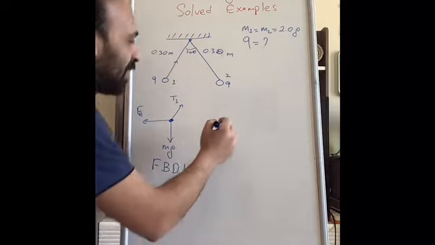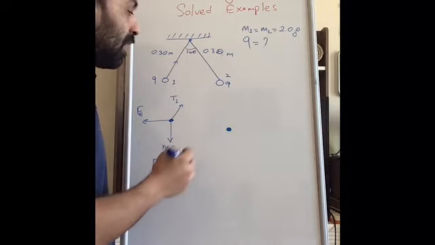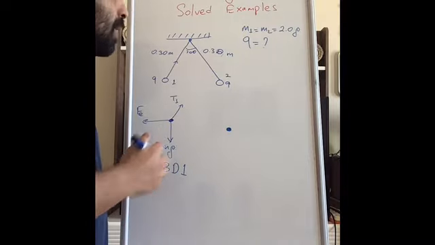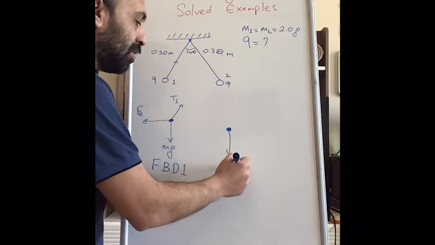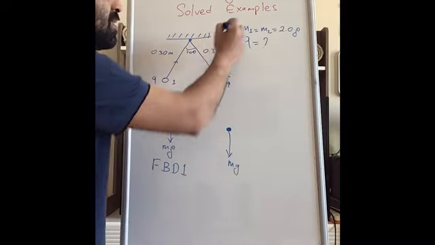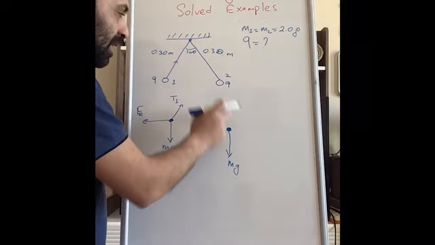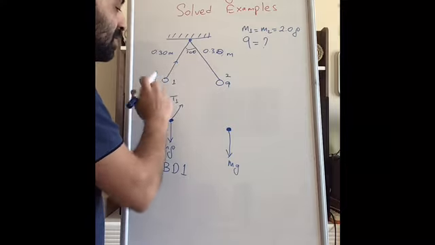And then for the second one, again, this dot represents the second sphere. Now we need to show all the forces acting on the second sphere. Again, it has a mass, so gravitational force is acting on it. Since they have the same masses, I put mg. And the electric force due to the first charged sphere is repulsive.